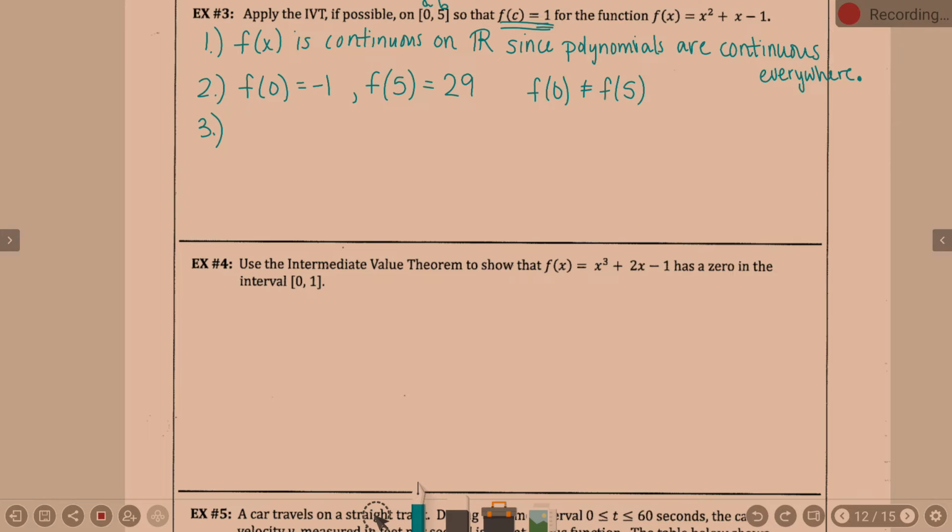By IVT, there exists, and that's the key, this is an existence theorem, so there exists a value c where f of c equals 1.